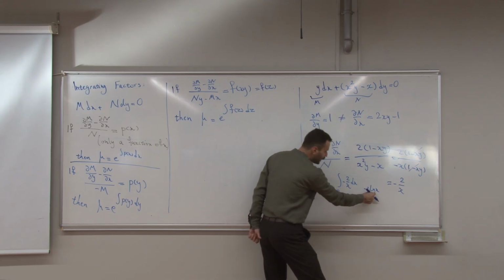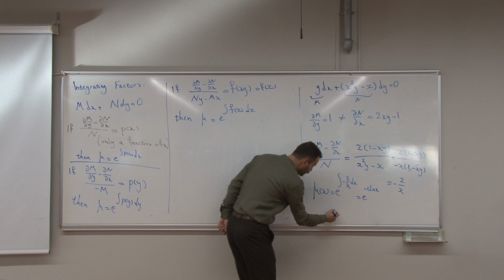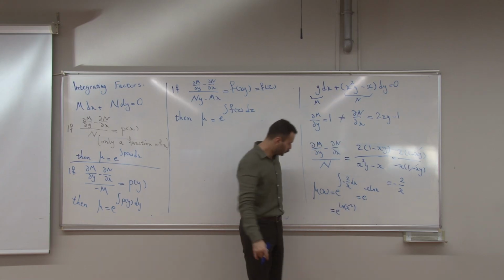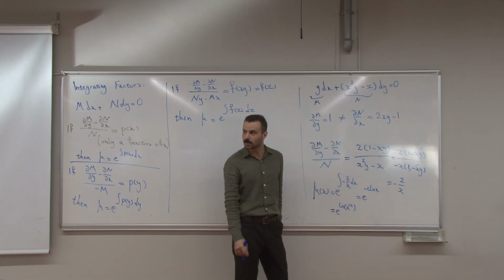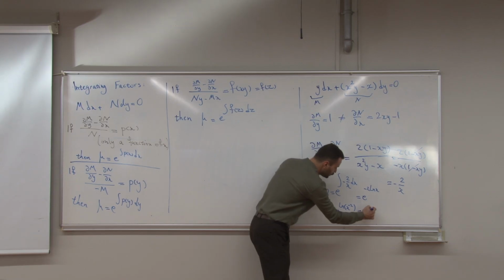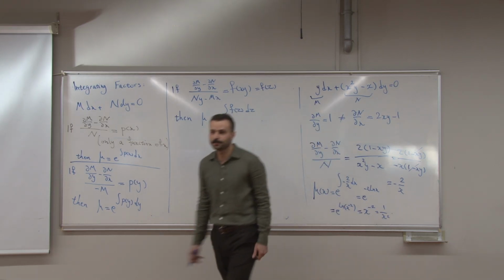And e to the power of ln, those are inverse functions. So this is going to become e to the power of ln of x to the power of minus 2. I don't know if I'm writing it small, so you can see, please let me know. And this is going to be x to the power of minus 2, or 1 over x to the power of 2. Okay?